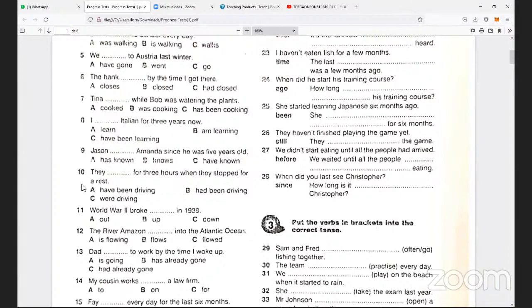They had been driving for... Okay. Had been driving, right?